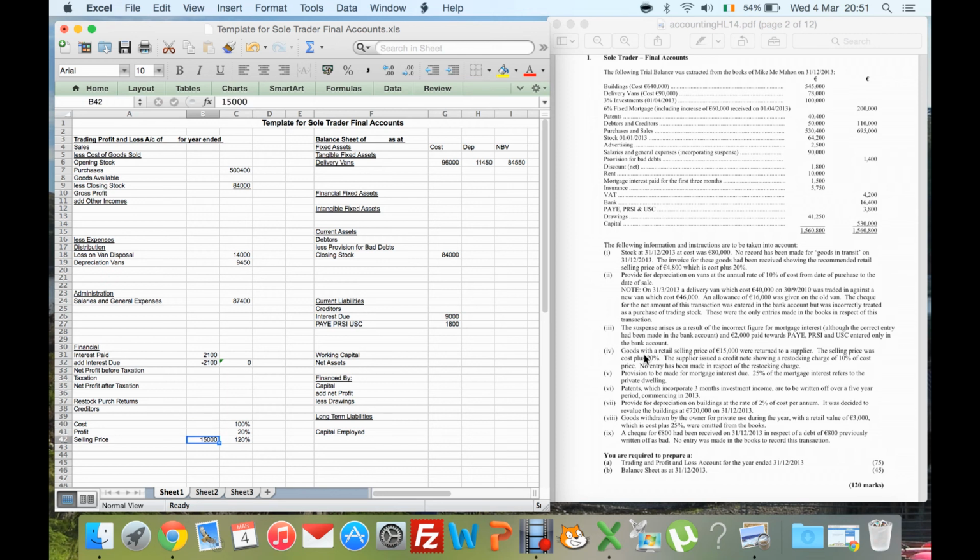So if I divide that by 120, that gives 1%, and then multiply by 100, that gives us our cost. So I'm going to divide that by 120 and then multiply it by 100. So that means the cost is 12,500. Okay, so the 12,500 is the cost. That's the figure that's relevant here.